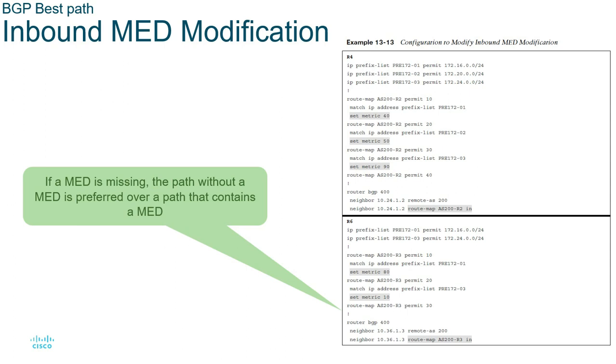It is to break a tie between path advertisements that is coming from the same AS path. So katalah ada salah satu path tu kita tak letak, alright, so that automatically becomes the best path, and we do not want this behavior. Kita nak apa-apa path yang kita tak letak MED tu sebagai tidak dipilih.